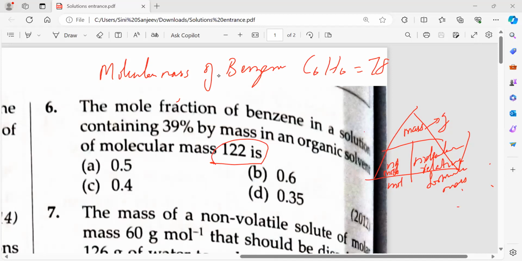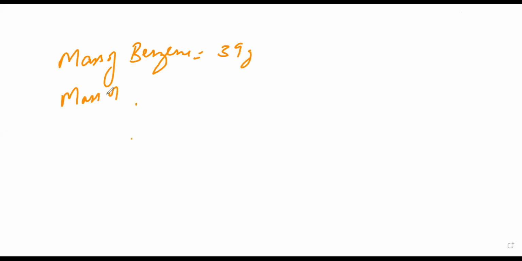I will do this on the whiteboard. The mass of the benzene is given in the question: 39 grams. Simple substitution. The mass of the solvent is given: 61 grams.